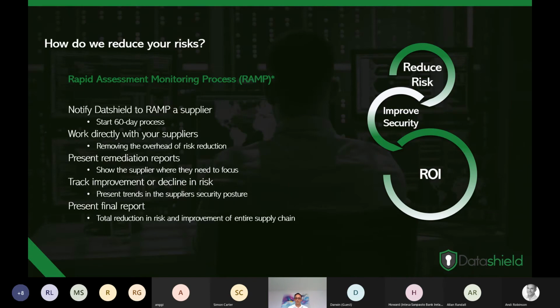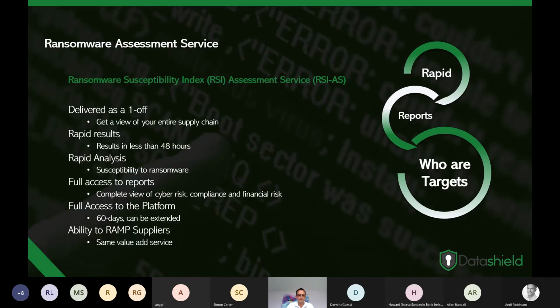What we do is you get reports at the beginning. This is our benchmark, and then you also get reports at the end of the 60 days, which will show the difference between how your cybersecurity is improved, your financial risks have been reduced. And that's all part of the ramp process.